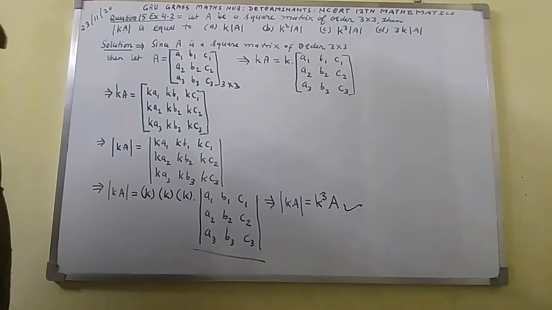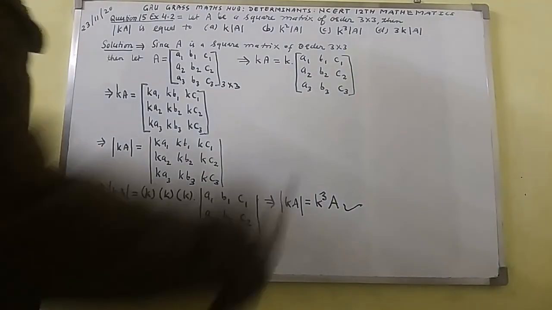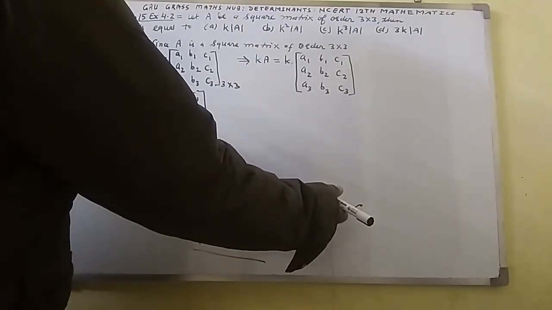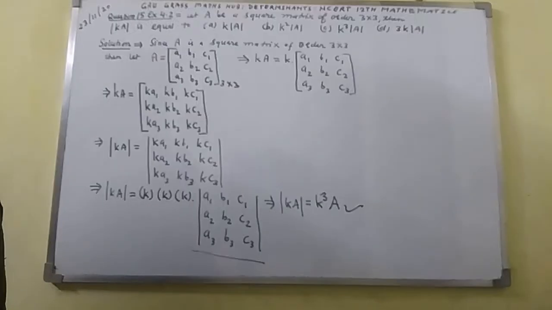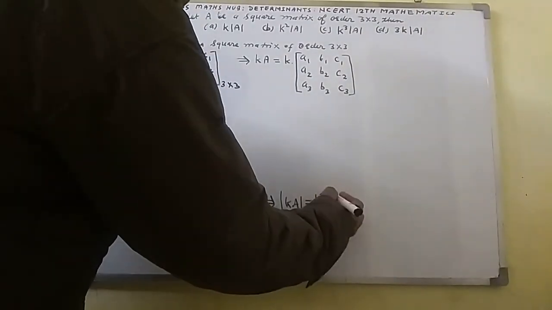Let us see which option is correct here. Here you can see option C, k raised to power 3 dot det A. This is the determinant, not the matrix.